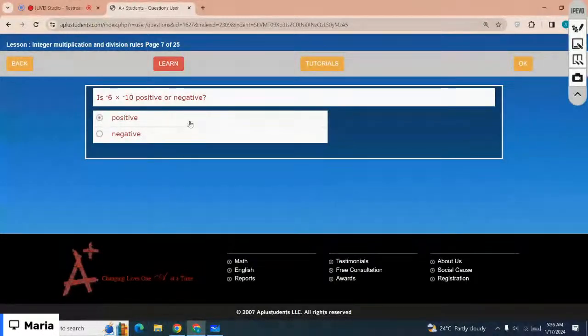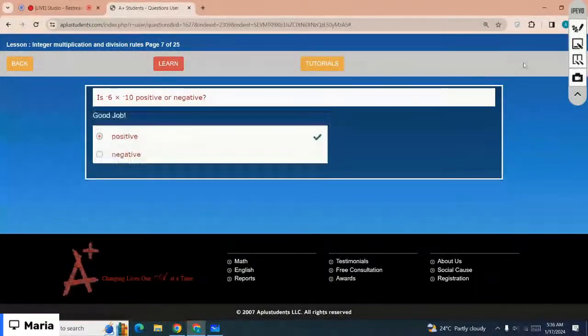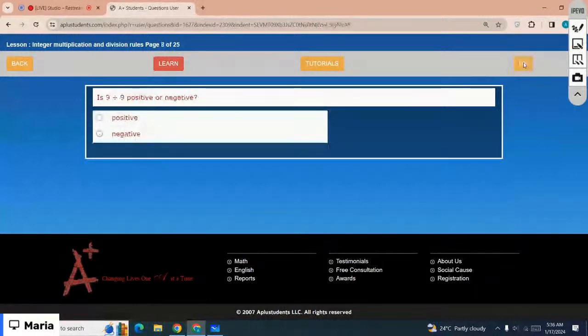Positive it is, right? Because both the numbers have a negative sign, so the answer must be positive. That is positive, right?